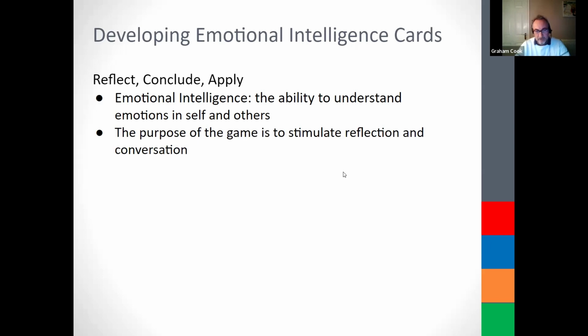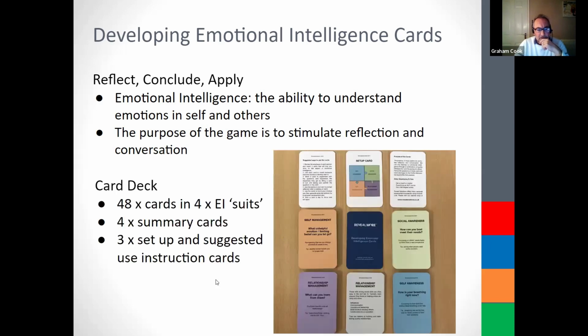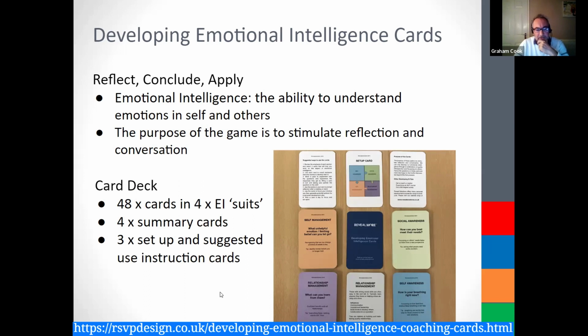But generally, we're talking about this ability to understand emotions in self and others. And the purpose of playing the game, if you like, for its game's sake, is to stimulate that reflection in the conversation, typically between a coach and a coachee, or perhaps a small group. So if you haven't seen this deck before, there are essentially 48 cards in the 4 emotional intelligence suits or domains.